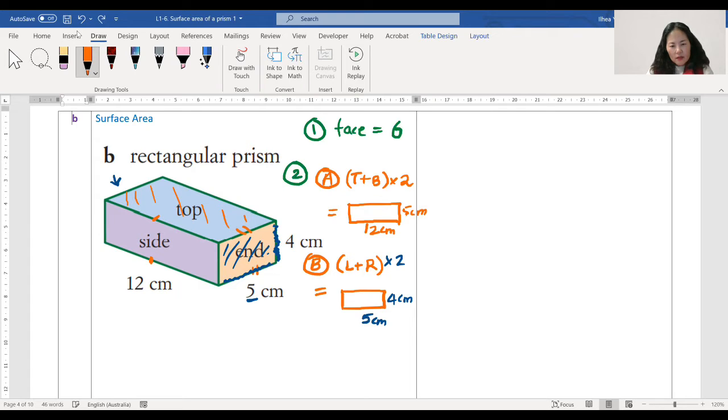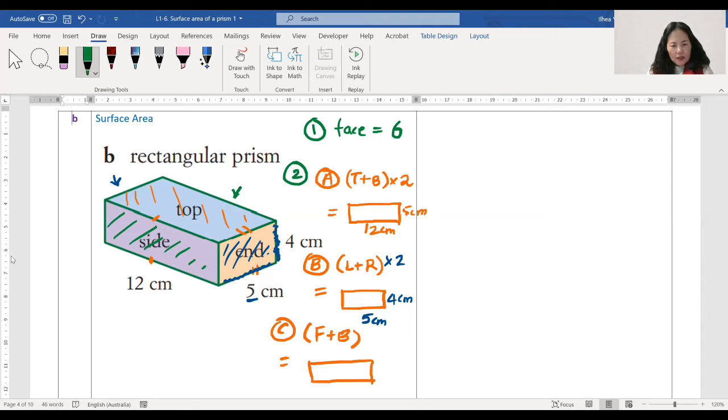My third rectangle is going to be the front and the back. I'm just going to draw my rectangle here. It's here, and the back is here, so I can't see it. But let's have a look.